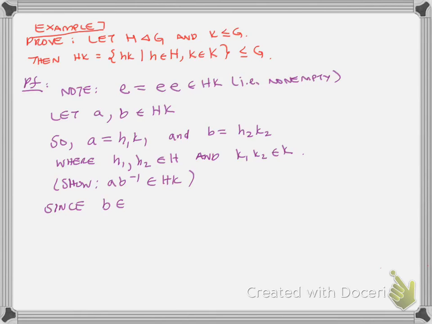Since b equals h2k2, then b inverse is equal to (h2k2) inverse. And we have that sock-shoe property, where (h2k2) inverse equals k2 inverse h2 inverse.